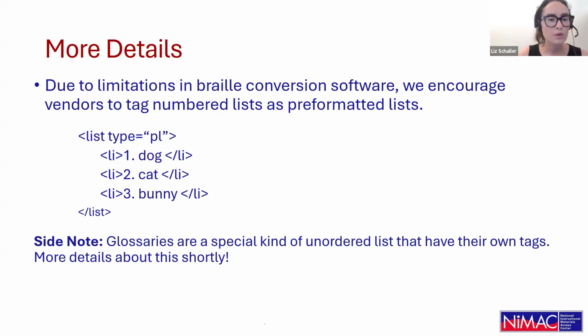We encourage you to tag your numbered lists as pre-formatted lists. If you see here on this screen, we have an example of a PL list, and those numbers 1, 2, 3 are included within the list items themselves. And a side note here, glossaries are a special kind of unordered list, and they have their own tags, and we'll talk about that in a minute.